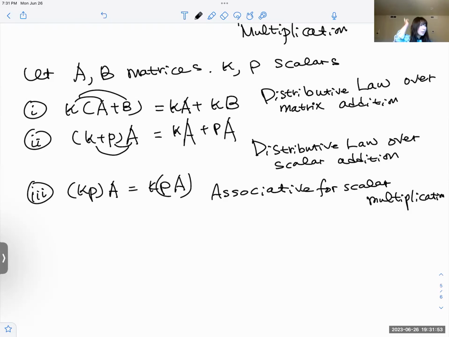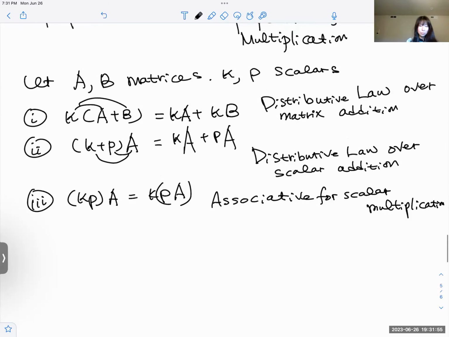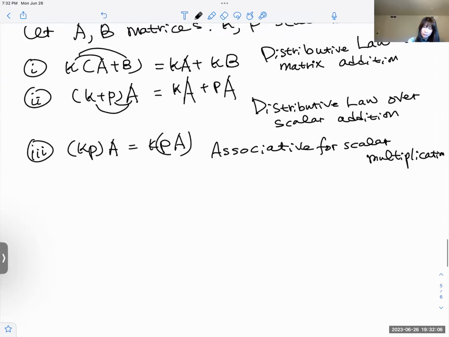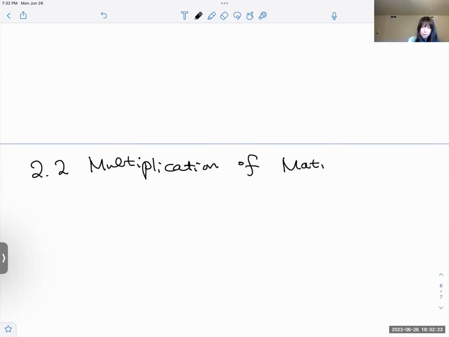Let us do 2.2, multiplication of matrices.